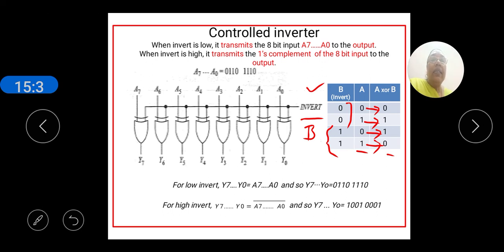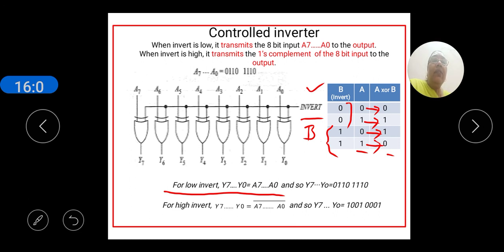As a concluding mark, we can say that for low invert, the outputs of the exclusive OR gates Y7 up to Y0 are equal to A7 up to A0. So Y7 to Y0 is equal to 0 1 1 0 1 1 1 0 if A7 to A0 is 0 1 1 0 1 1 1 0.